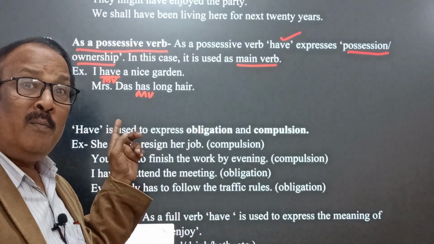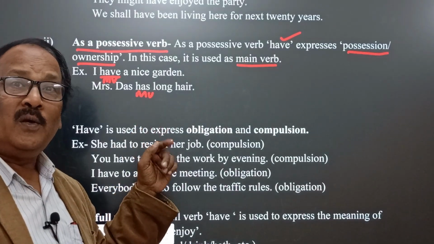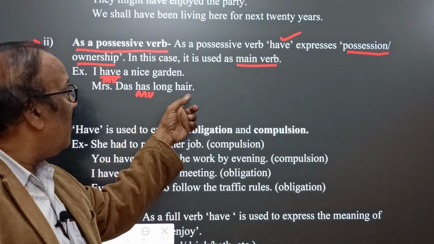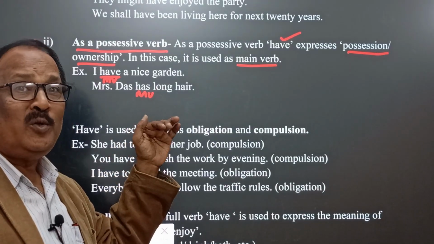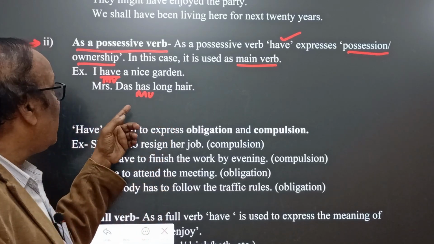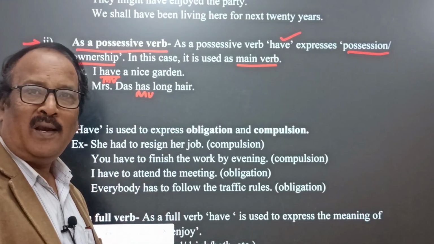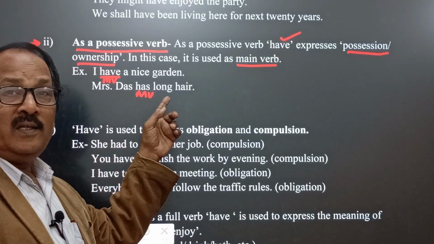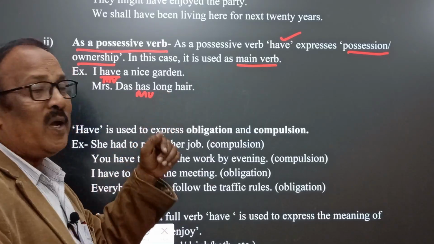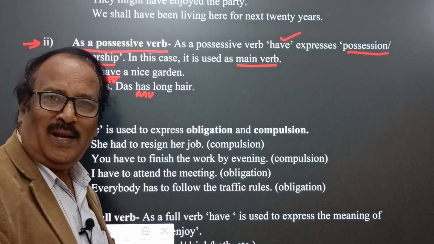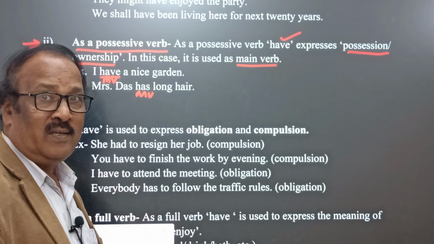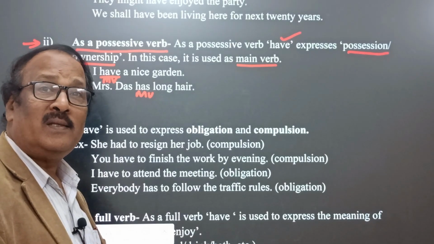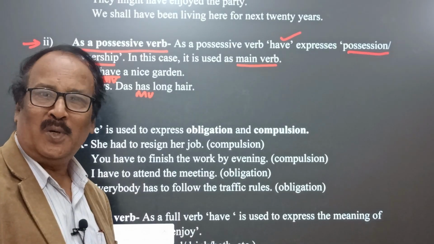It means Mrs. Das is the possessor of long hair. If we change into negative, then Mrs. Das has not long hair in the British way, but in the American way, Mrs. Das doesn't have long hair. Do you have much wealth? You can say yes, I have much wealth, or I don't have much wealth.